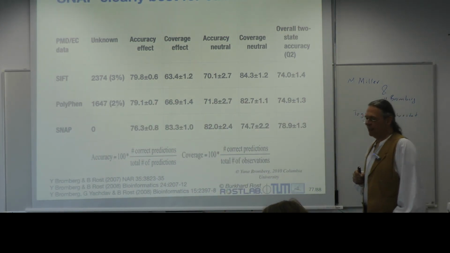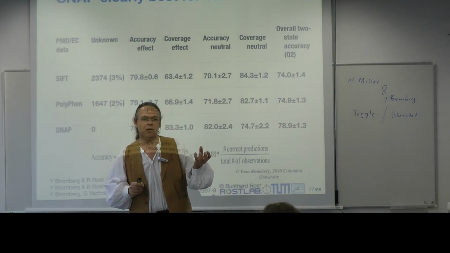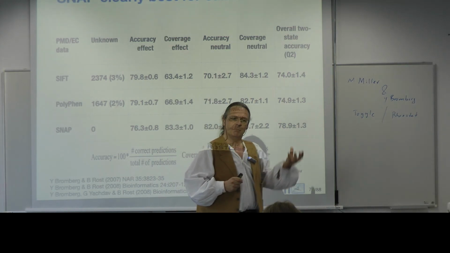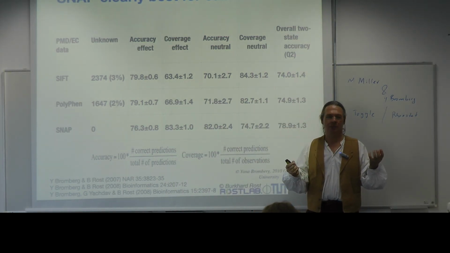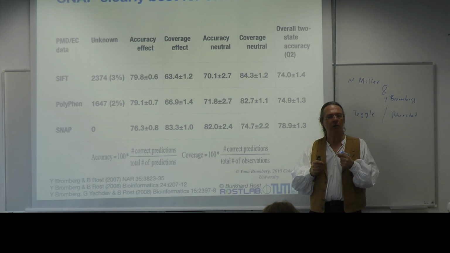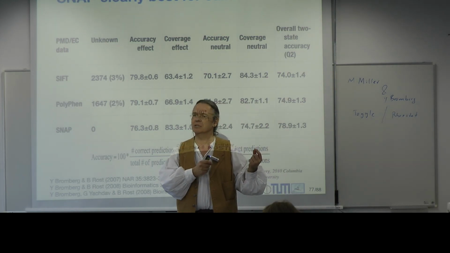But another way of looking at it is, I already said that most methods on the set of proteins for which we know the answer give similar results. So why not look at a subset of SAFs for which the methods give different results?